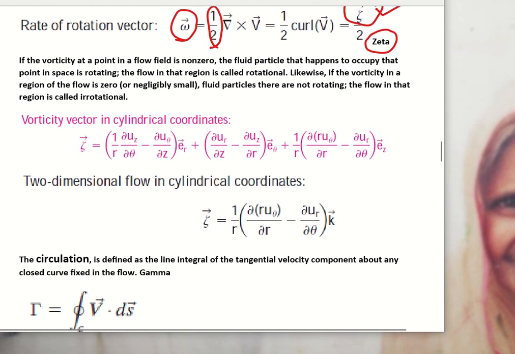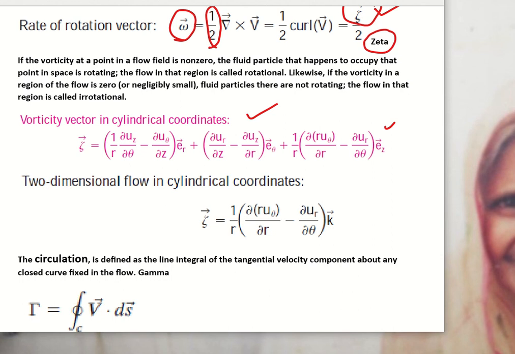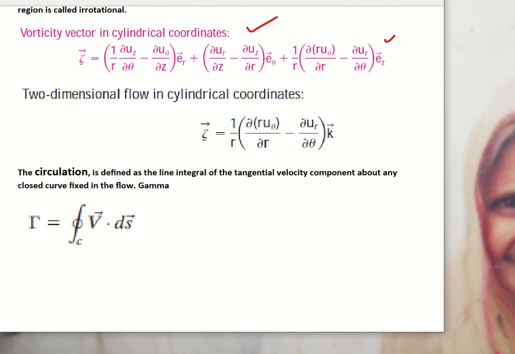So vorticity for the cylindrical coordinate can be written like this. But for two-dimensional flow in cylindrical coordinates, where we have flow only in the r theta plane, meaning e z is perpendicular to that plane, in r theta we have only this component.